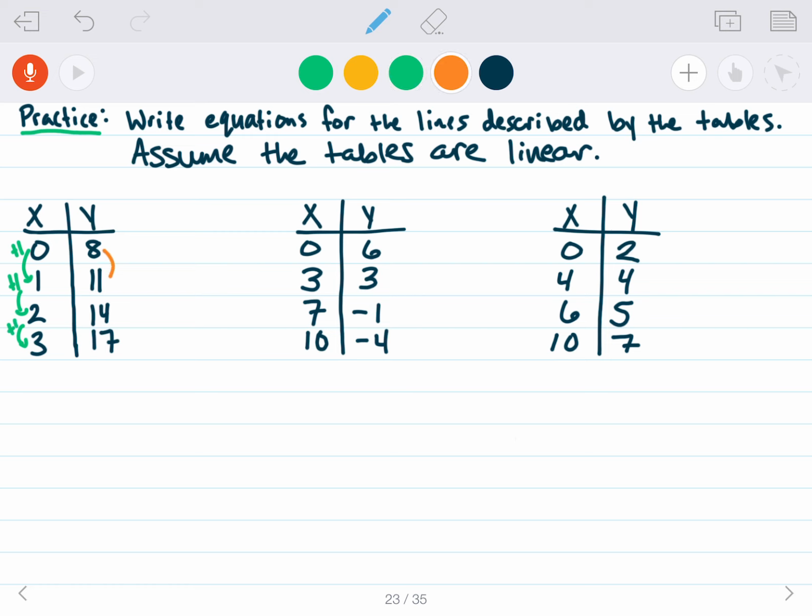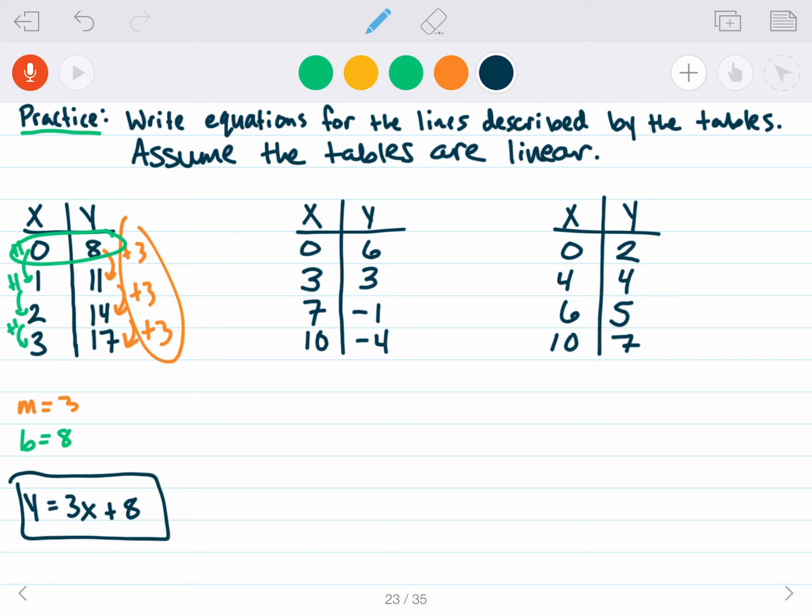For the y's, 8 to 11 is 3. 11 to 14 is 3. 14 to 17 is 3. So 3 is my slope. And my y-intercept is when x is 0. So that occurs right here when y is 8. So b is 8. And therefore my equation is y equals 3x plus 8.